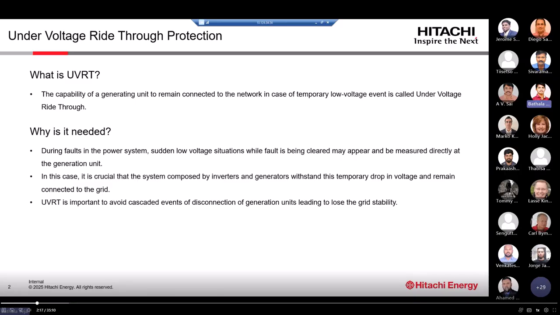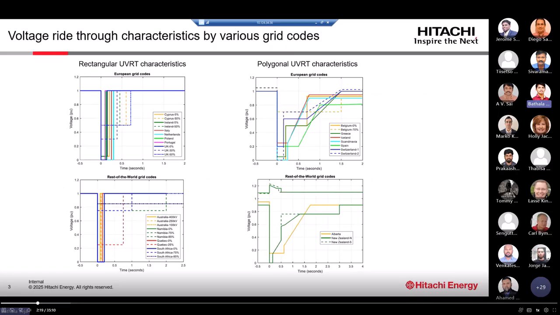So I'll jump into the grid codes. Various country grid codes are shown here. You can see European grid codes and the rest of the world grid codes, where the UVRT curve is fixed by the TSO.